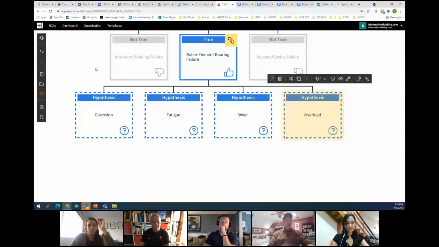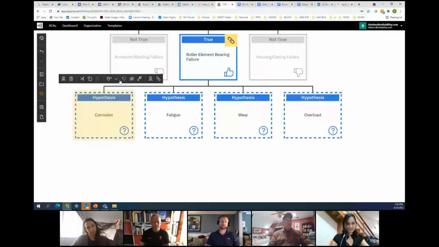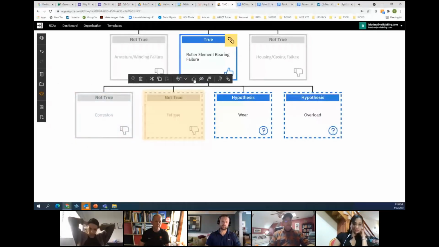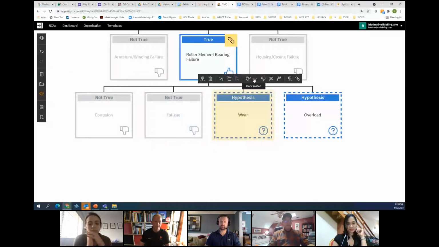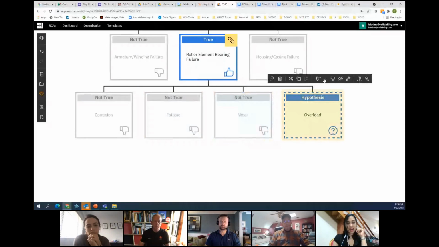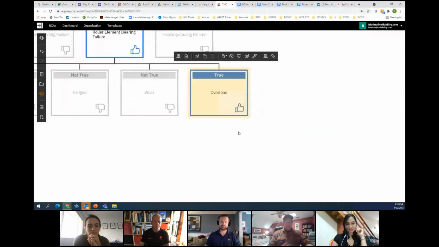But for the sake of example, I'm going to say that this was not true. We're going to go with overload as the mechanism in this case, which proved to be true. So then my question becomes, and when you're going through the physics of failure, my job is a cinch, because you just keep asking the same questions until you get to a person.